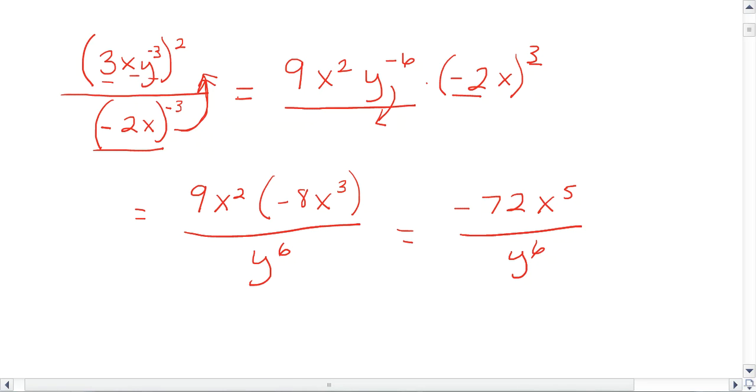Looking over the rest of the packet here, I think 15 and 16 are okay. Remember, when you distribute the negative sign, it changes the sign of everything in the parentheses. Watch your combining like terms. For 17 to 20, we already reviewed foiling. In 21 and 22, that is more than foiling.